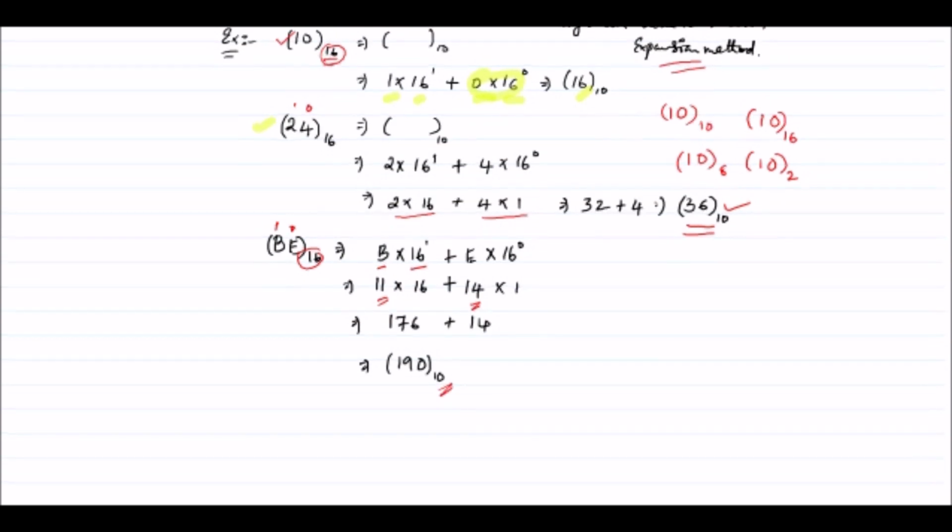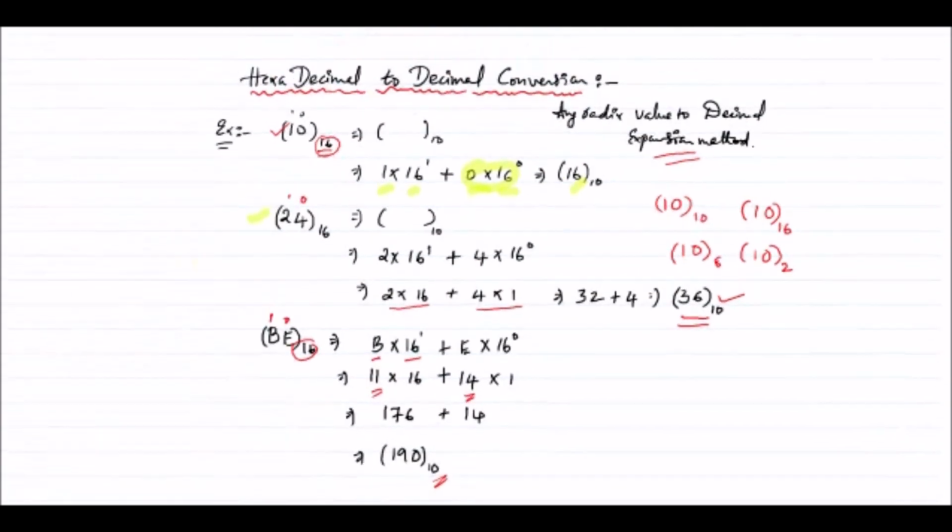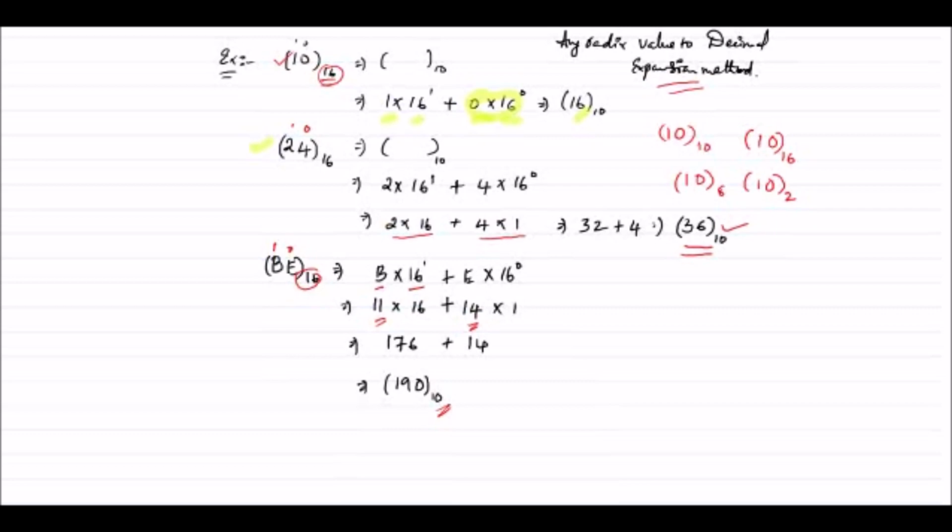Whenever the expansion method is followed, then it is a decimal value. That is why, as we can see, I have written base 10 at the bottom of the numbers: 16 base 10, 36 base 10, 190 base 10.